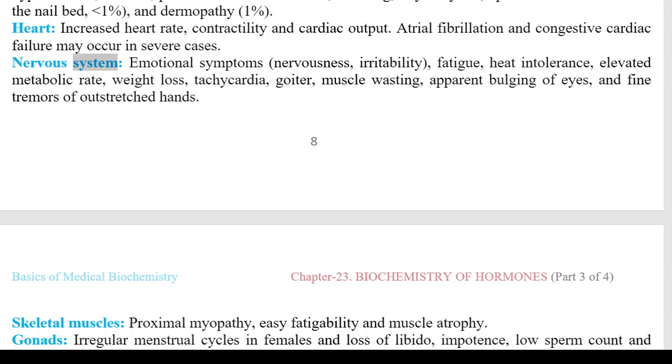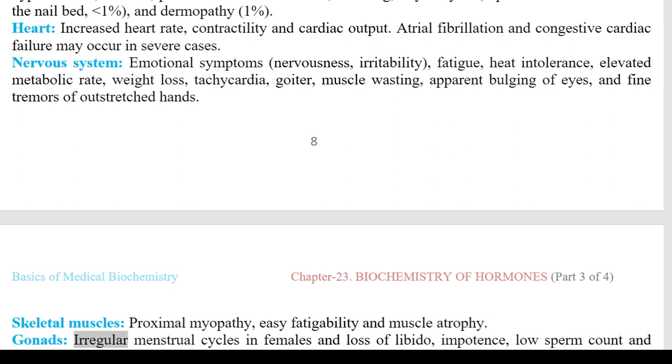Nervous system: emotional symptoms, nervousness, irritability, fatigue, heat intolerance, elevated metabolic rate, weight loss, tachycardia, goiter, muscle wasting, apparent bulging of eyes, and fine tremors of outstretched hands. Skeletal muscles: proximal myopathy, easy fatigability, and muscle atrophy.